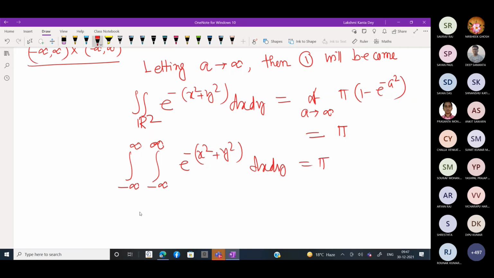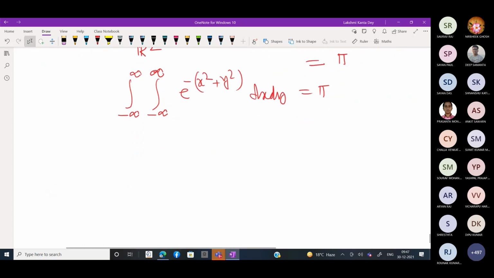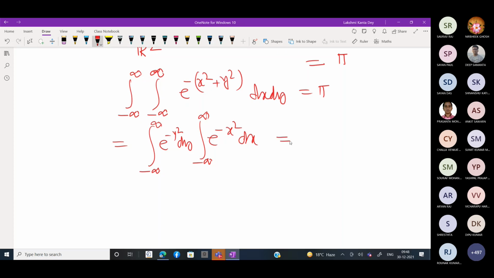Now x is varying from minus infinity to infinity, and y is also varying from minus infinity to infinity. So we can write this as the integral of e to the power minus x square dx from minus infinity to infinity, times the integral of e to the power minus y square dy from minus infinity to infinity, and this is equal to pi.